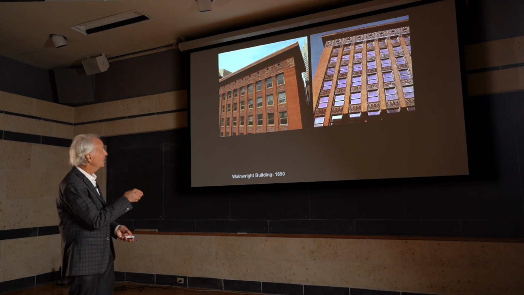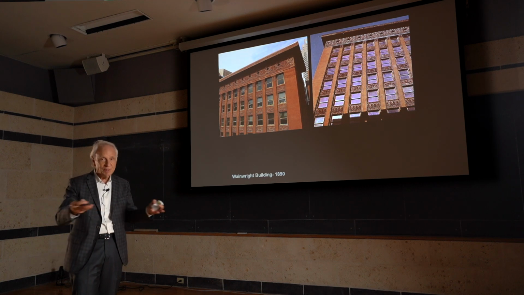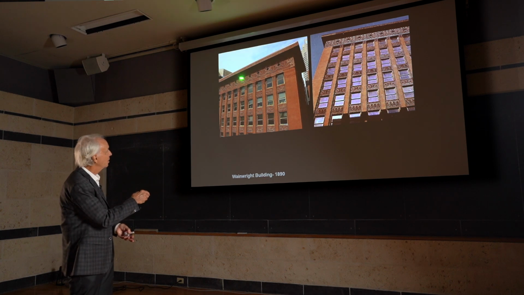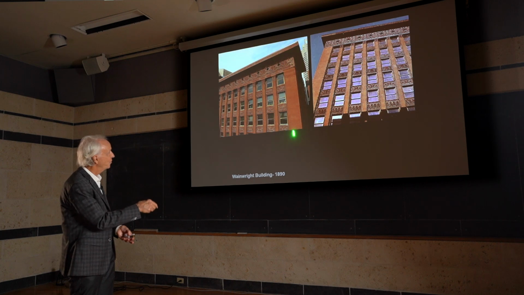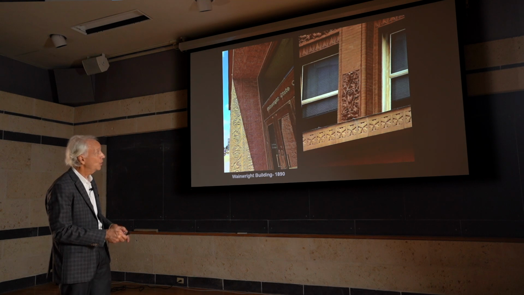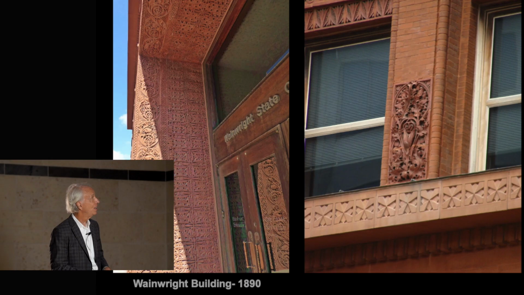And then it's the terracotta, which is actually clay that is formed and shaped and baked, and therefore can be articulated any way you want, so that becomes the more nature-inspired ornament. And then the steel frame is expressed in those strong verticals, with the fireproofing of the brick around the steel.